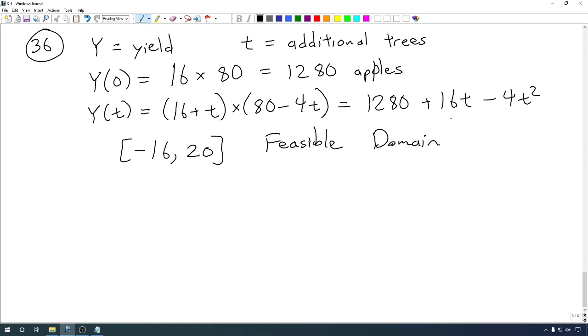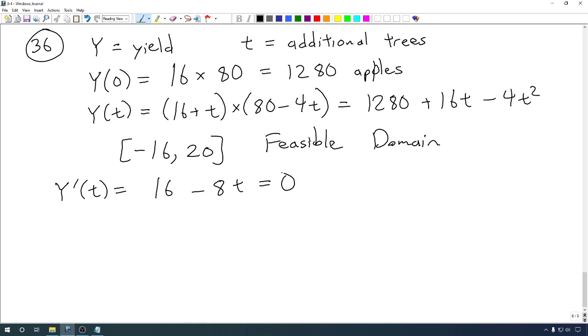Okay, so we're going to maximize this particular function over this domain. Of course, we go ahead and find their critical points. y prime of t, the 1,280 goes away. 16t becomes a 16. Negative 4t squared will become a negative 8t.